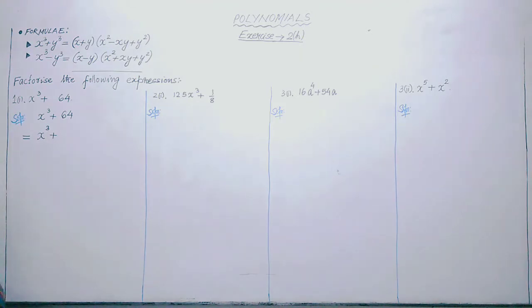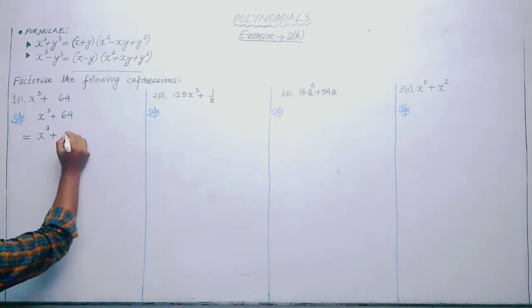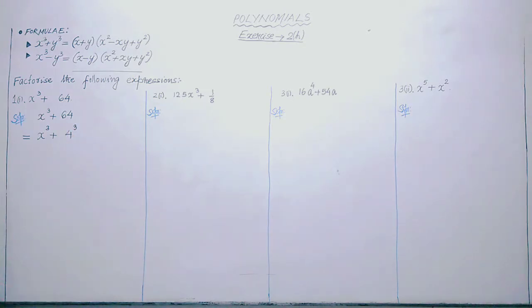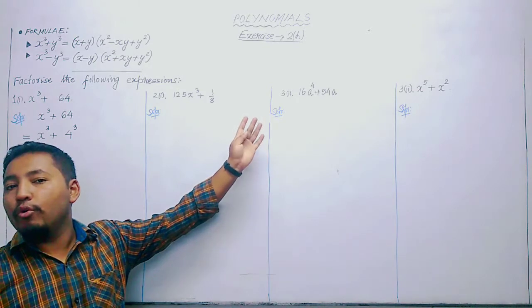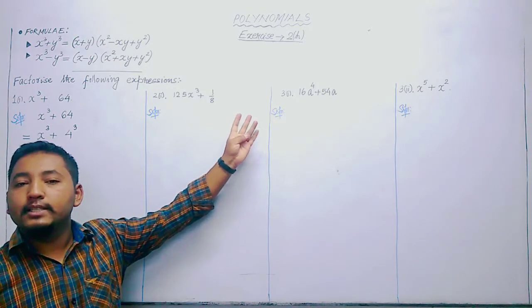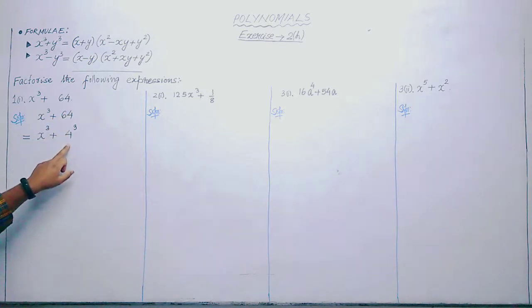How can I convert 64 into the form of a cube? Can I write 4 cube? Yes, I can write 4 cube. Why? Because 4 cube means 4 into 4 into 4. 4 4s are 16, 16 4s are 64. Therefore, 64 is equal to 4 cube.